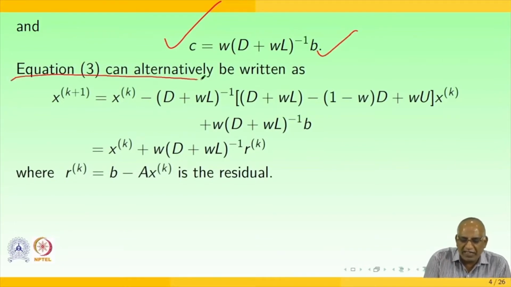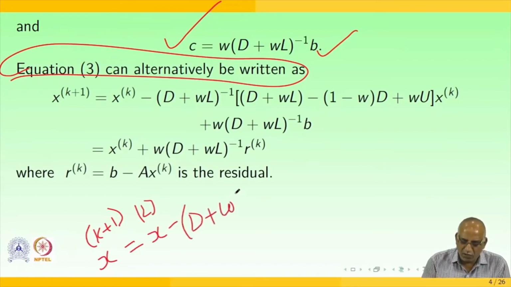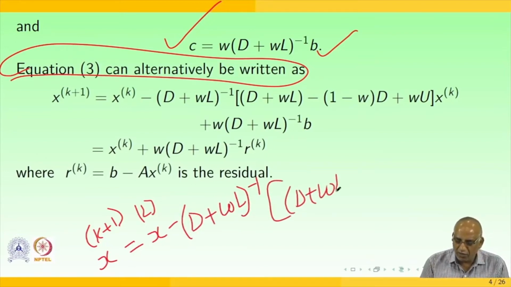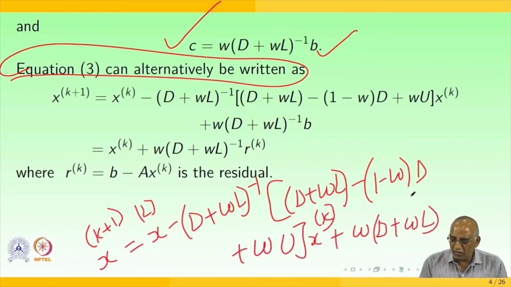So this equation 3 can alternatively be written as x of k plus 1 is equal to x of k minus D plus wL whole inverse times D plus wL minus 1 minus w of D plus w of U x of k plus w of D plus wL whole inverse times b.